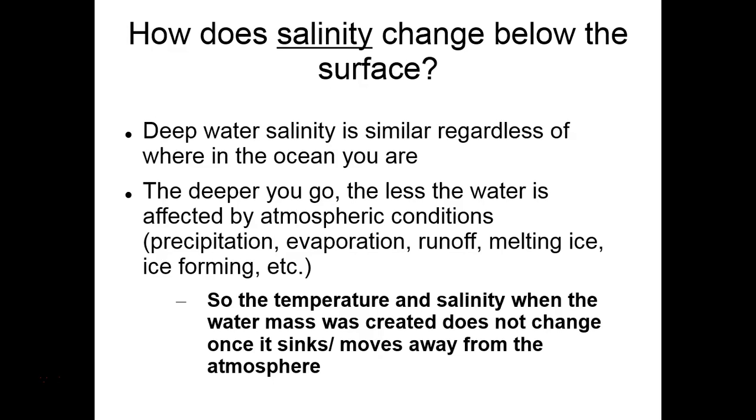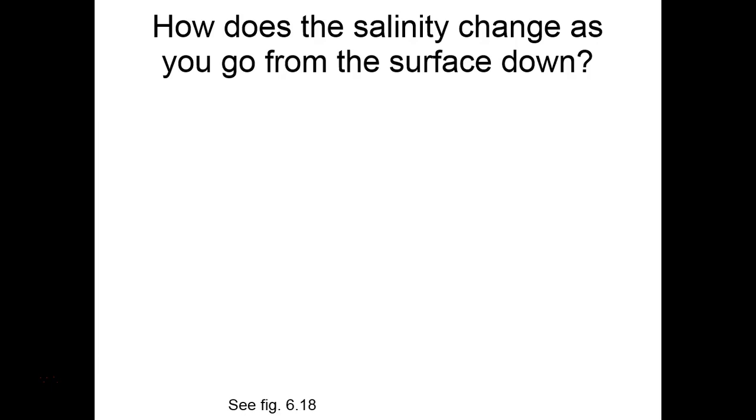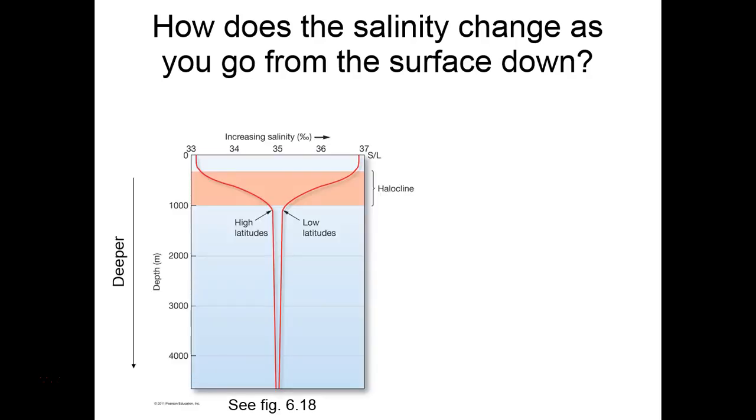Okay, so basically the water that forms at the poles gets cold and dense, and it sinks down, and it stays with those same characteristics of temperature and salinity, because now it's no longer near the surface, it's no longer affected by atmospheric conditions, so essentially its temperature and salinity are going to be locked in. Okay, so as you go from the surface down, we see this kind of thing happening.